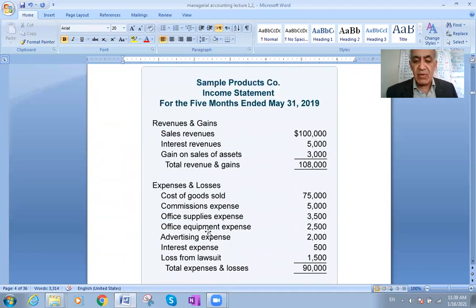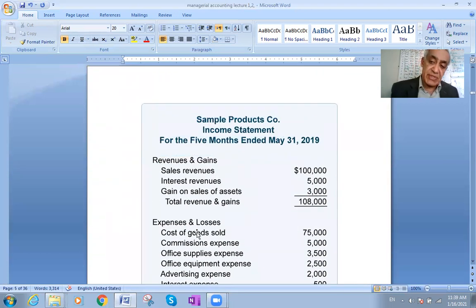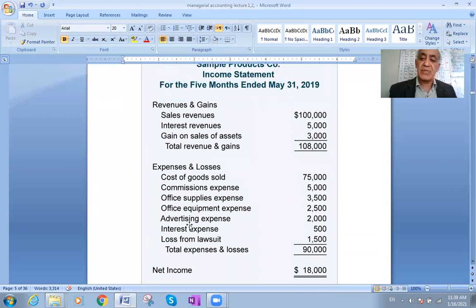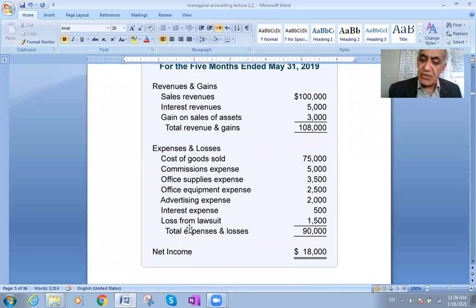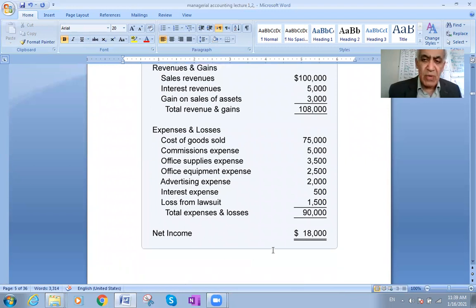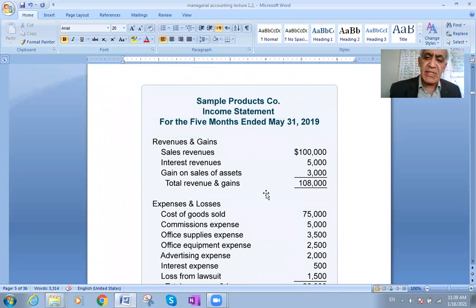Usually it is for one year, but some companies do it periodically to know where they stand in their financial situation. The purpose of this income statement is to show the financial situation, because I will depend on this statement in making managerial decisions.